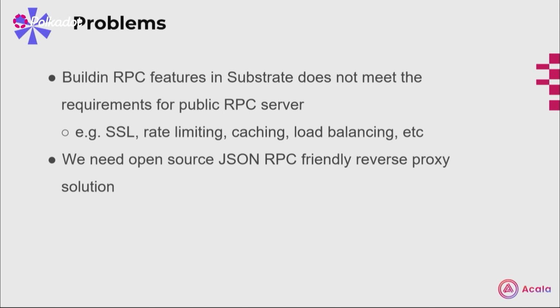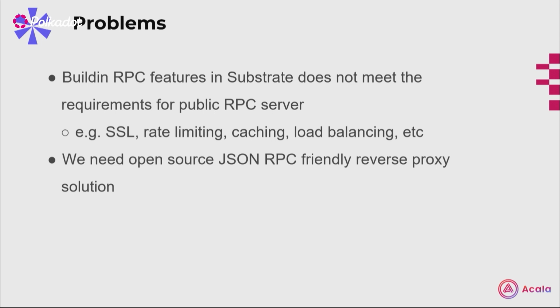If you run Web2 RPC servers, you will know that there are a lot of additional things you need to set up for public RPC servers. Otherwise, it can easily go wrong, like including SSL, rate limiting, otherwise you might get DoSed. You might want caching to improve performance, load balancing, failover, a lot of things.